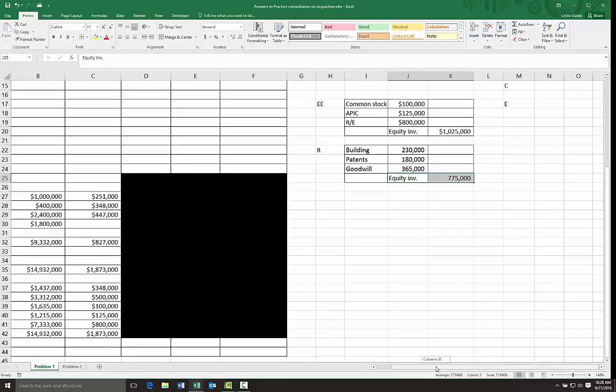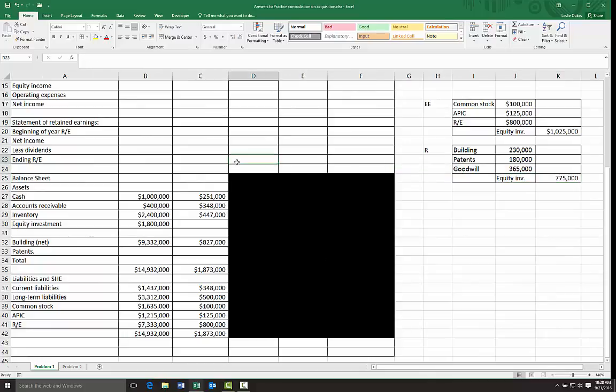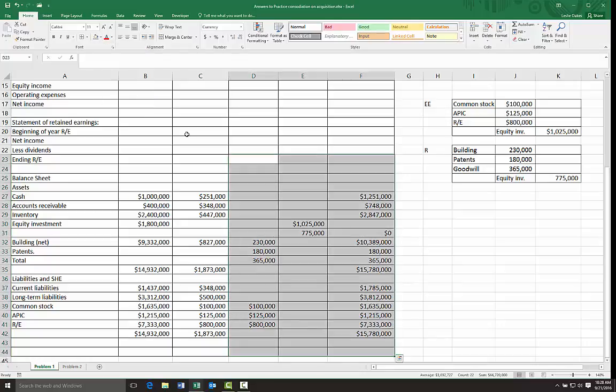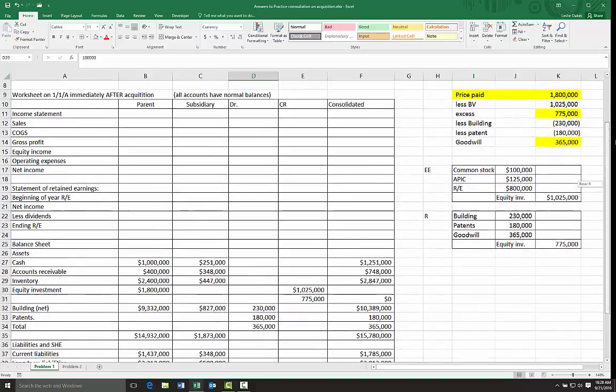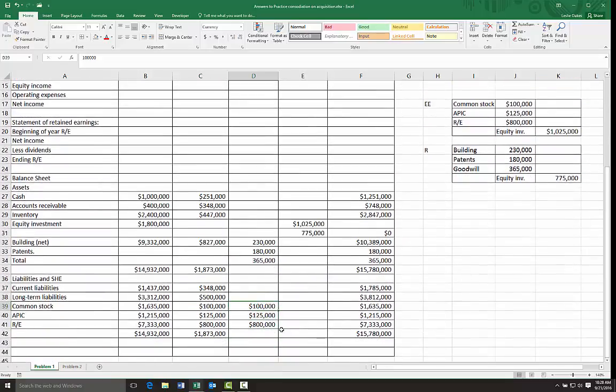Now let's go and see what the impact is on our worksheet. So I take this first entry and I just post the debits and the credits. Just to remind you, there we go, debits and credits.